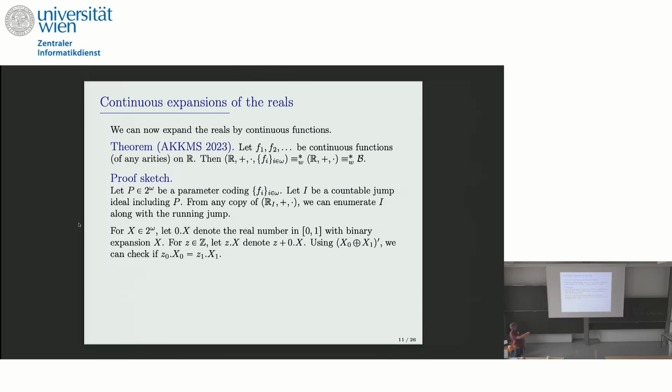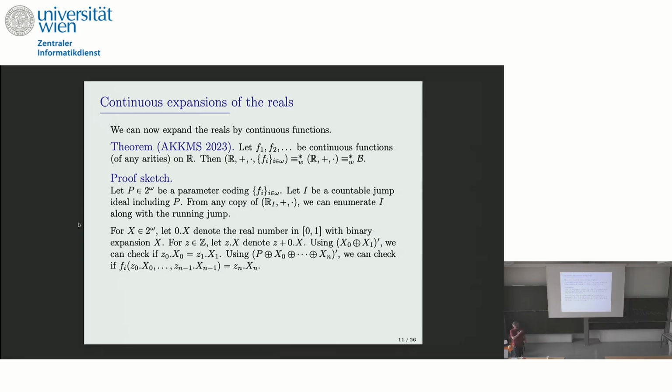But using the jump of x0 join x1, I can check to see if z0 x0 is equal to z1 x1. That's easy enough. And because I have this code for the continuous functions, using the jump of the code joined with all the binary expansions I need, I can check whether fi on, say, these inputs is equal to that output.